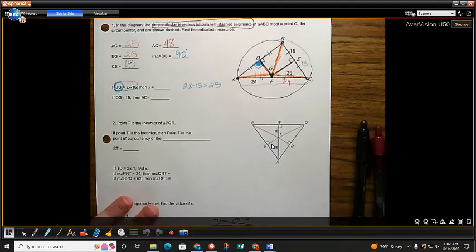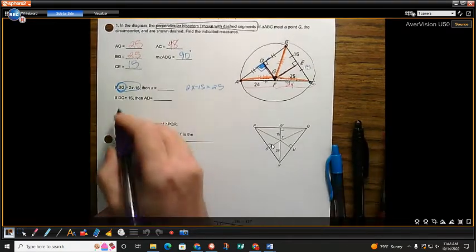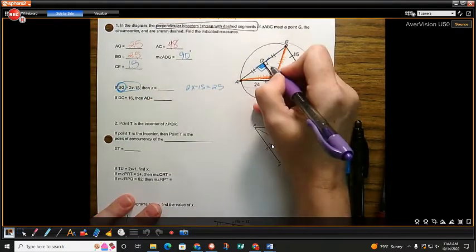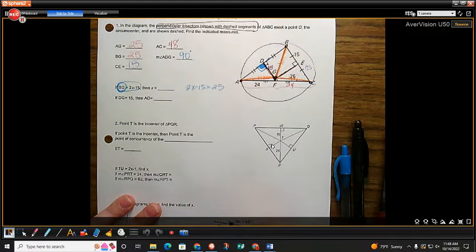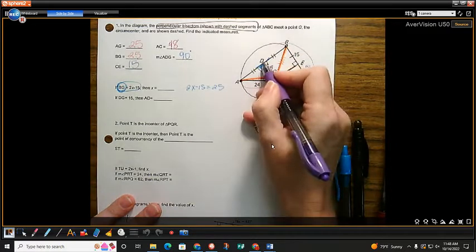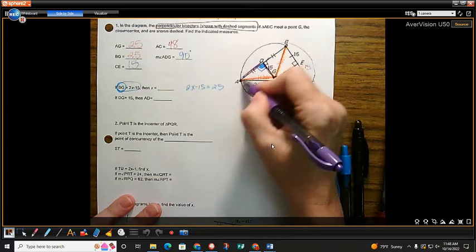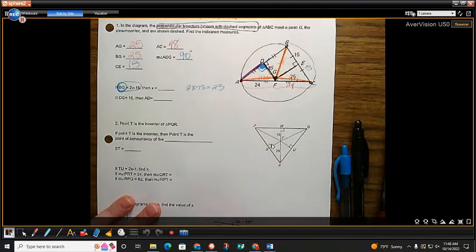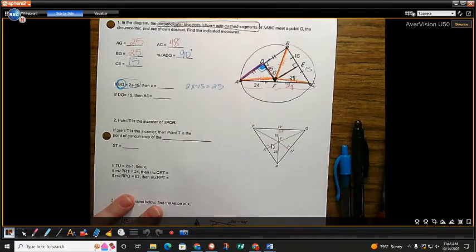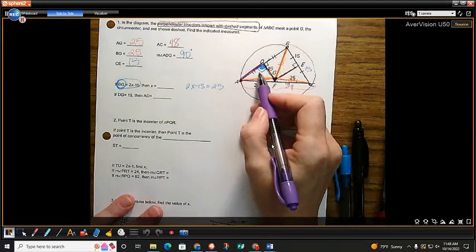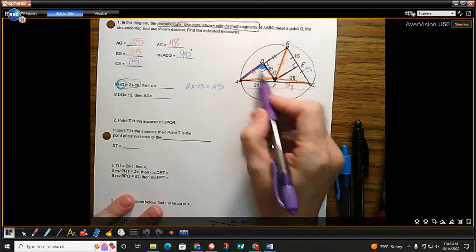Then it says if DG equals 15, this guy right here equals 15. It wants to know how big is AD. AD is from A to D. How am I going to figure that out? Well, I've got a right angle here, so it's a right triangle, but I only know one side.